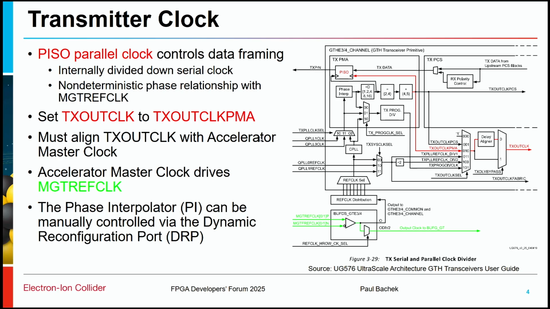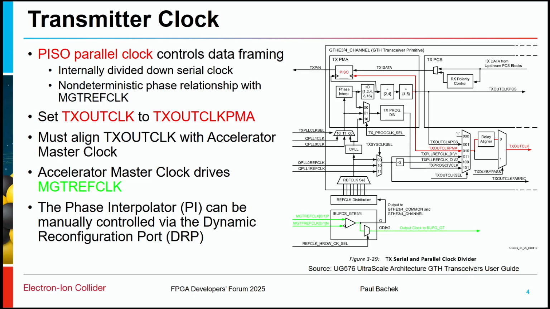So first I'll go over how the transmitter serializes the data. The important thing to see here in this diagram, which shows the clocking structure inside of the GTH transceiver in the Ultrascale, is the parallel in, serial out data register. Parallel data is clocked in using the clock highlighted in red, and it's clocked out at the line rate when it's serialized to be transmitted.